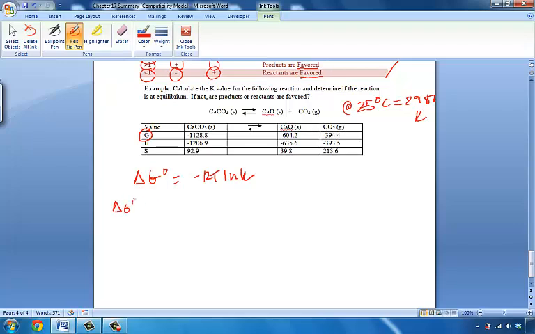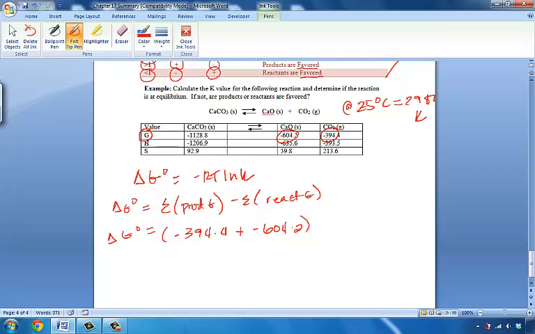So delta G, the change, is the sum of our products' G values minus the sum of our reactants' G values. The sum of the products, which happen to be this number and this number, is negative 394.4 plus negative 604.2, minus the sum of our reactants, only one reactant, that's negative 1128.8.